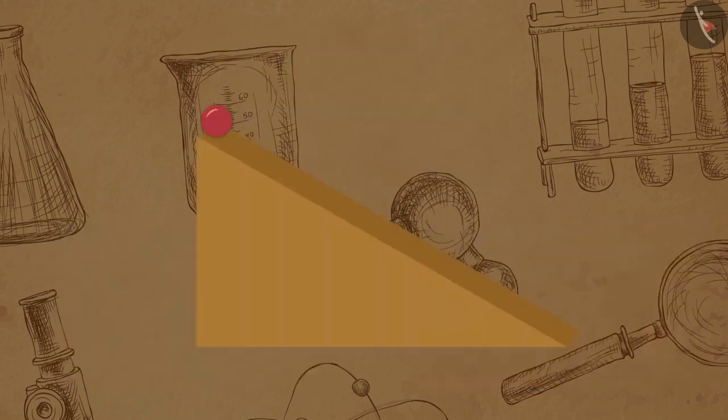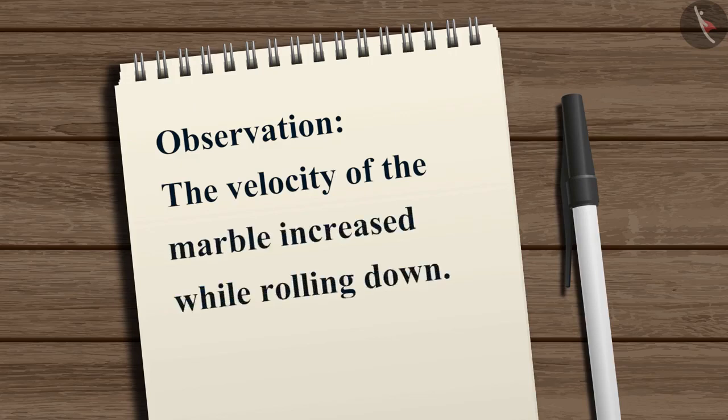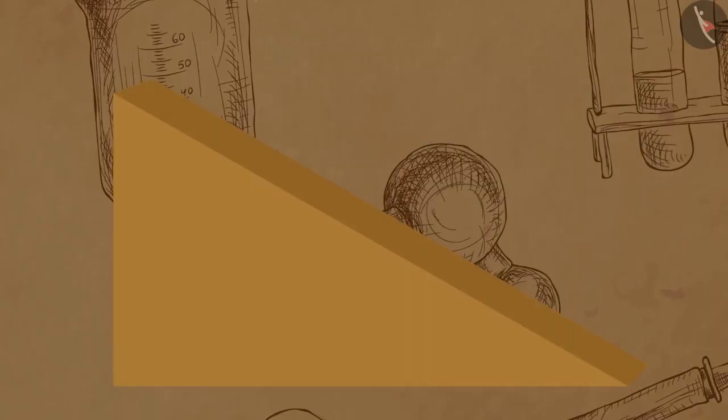He took a marble and released it from the top of an inclined plane. He observed that the velocity of the marble increased while rolling down. Again, he took the same marble and this time tried to make it climb up the inclined plane.